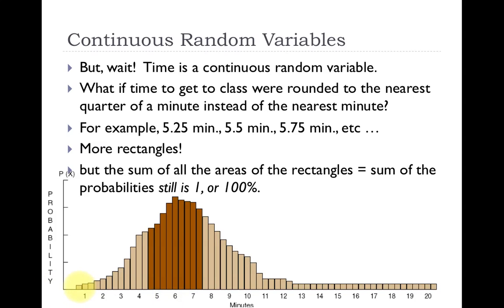We're still going to recognize that no matter how close we make our rectangles, the sum of all the probabilities will still be 100%. If we were to add up all of these rectangles all over again, the sum is still going to be exactly 100%. That's just the rule of a probability distribution.